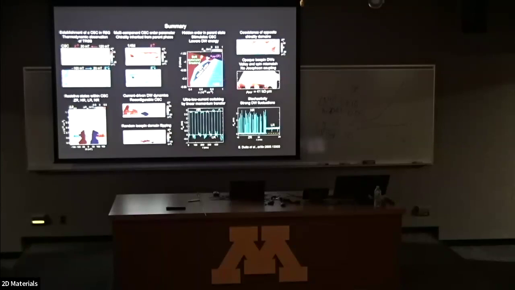So what happens if you go further to the upper left? Larger displacement field and smaller carrier densities. From what we know from quantum oscillations, the problem is that you cannot tell exactly what happens here because you lose quantum oscillations. Quantum oscillations are very clear here.